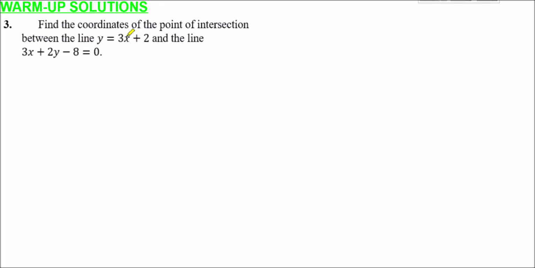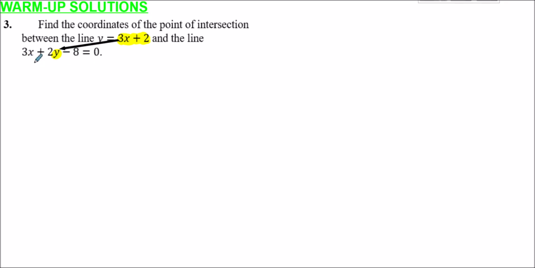What I'm going to do here is find out where they intersect by substituting this expression for y from one equation into the second equation. So all I'm doing right now is just subbing in 3x plus 2 in place of y.